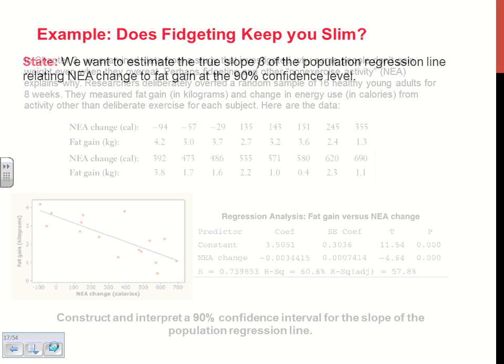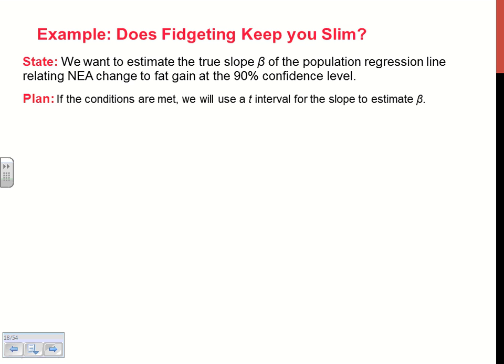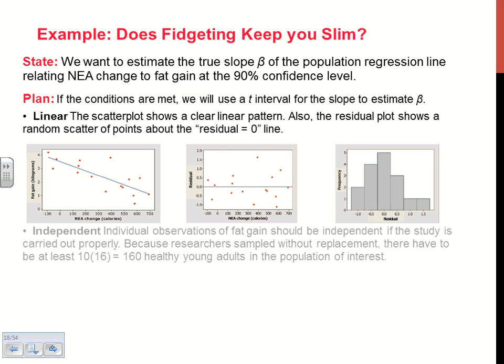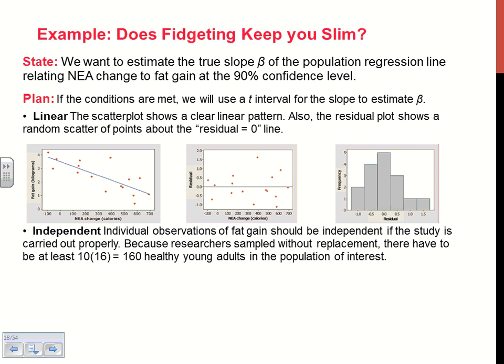We've got to check our conditions. So we need to go to linear. The scatter plot shows a clear linear pattern, and the residual plot shows a random scatter of points around 0. Independent.